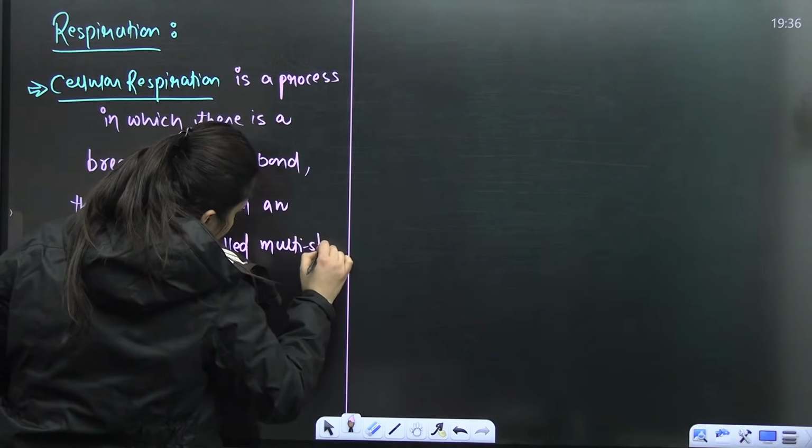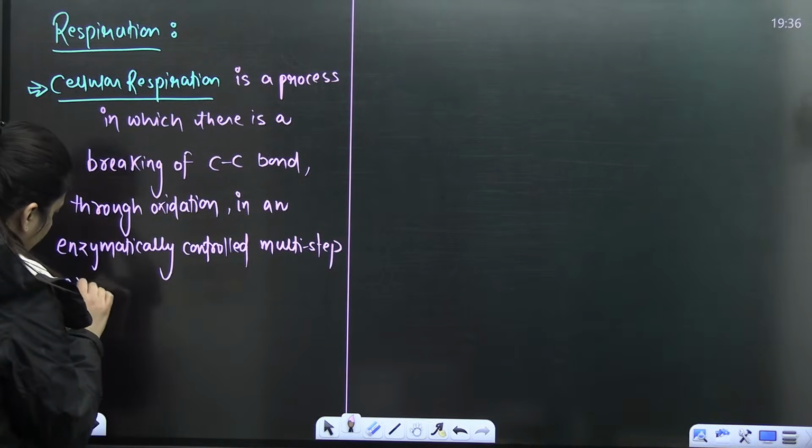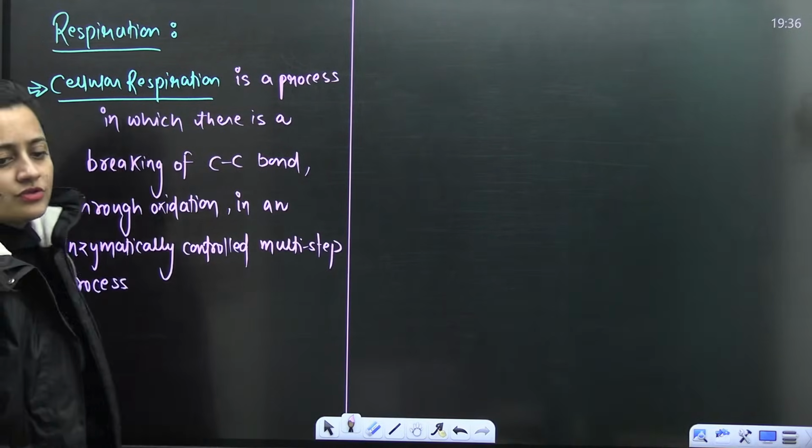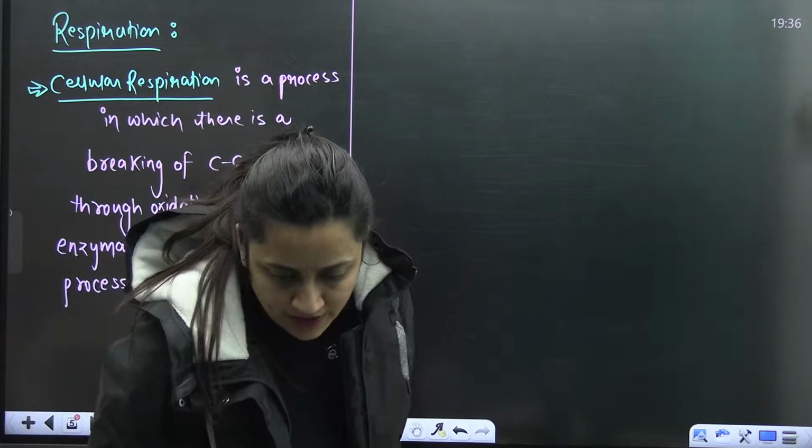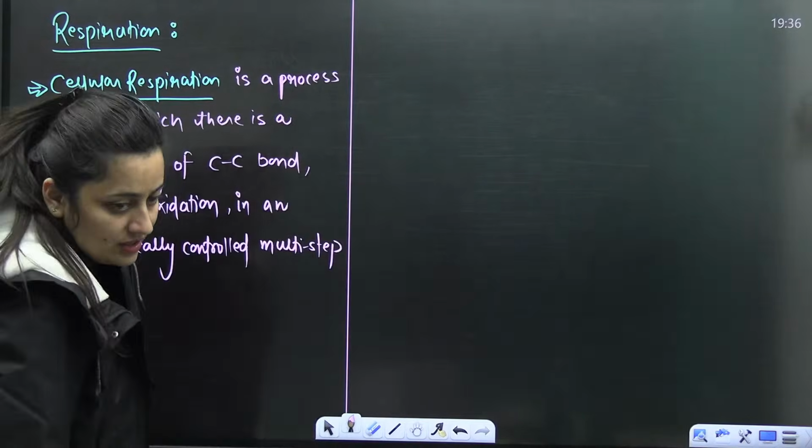Noted? So this is what cellular respiration is.